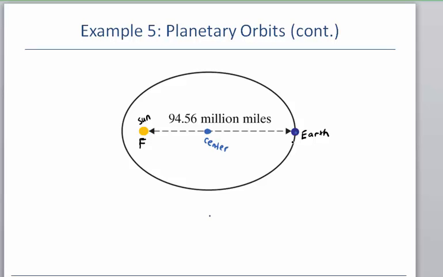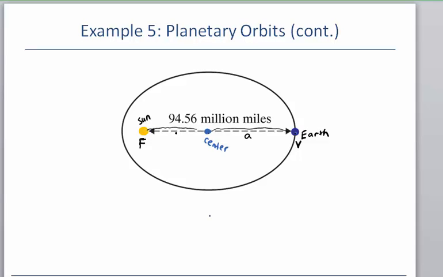So remember that this is a vertex point here. And remember that when we're talking about an ellipse, the distance from the center to the vertex can be represented by A. So we know that this distance is going to be A. And we also know that the distance from the center to the focus, we use a C to represent.